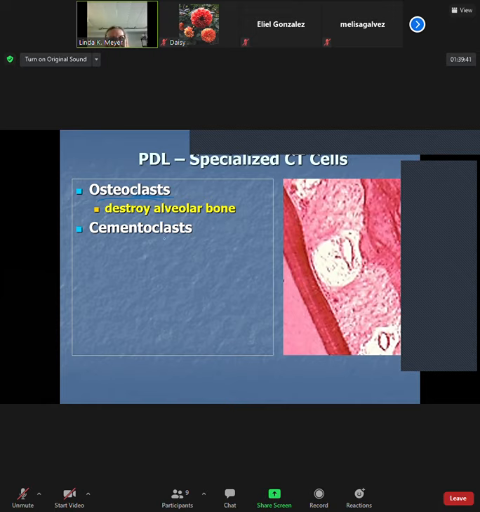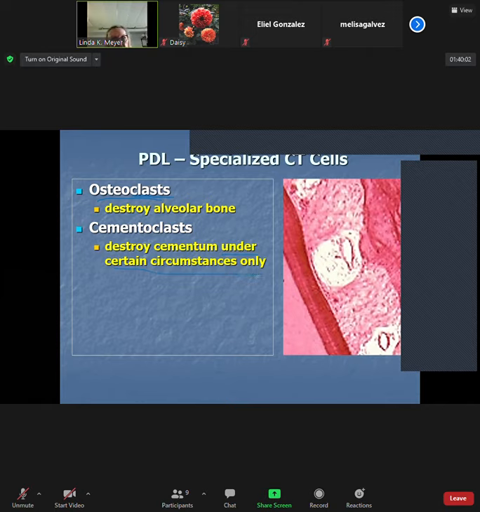And in contrast, cementoblasts produce cementum, whereas cementoclasts destroy cementum. But I have an asterisk there, and I want you to qualify that they only destroy cementum under certain circumstances.